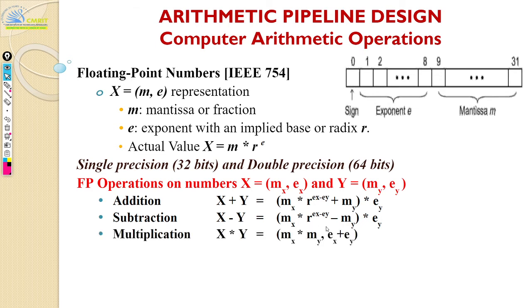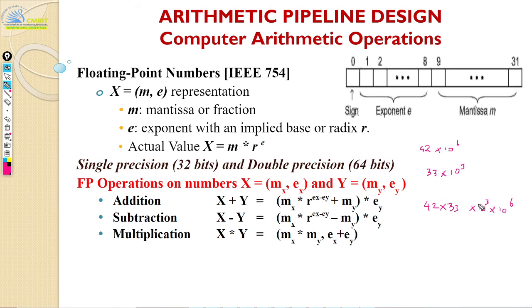Now coming to multiplication. How do you multiply? Multiplication is actually easier in floating point. If you pick a similar example, say 42 into 10 power 6, and 33 into 10 power 3, you don't have to do any normalization here. Simply, you do 42 into 33, into 10 power 3 into 10 power 6.